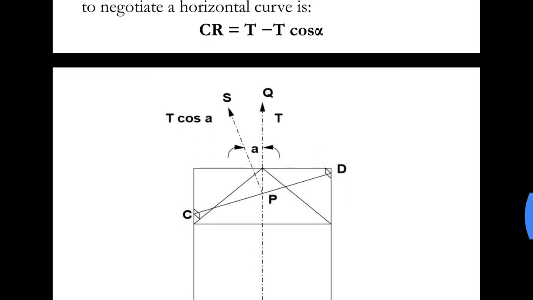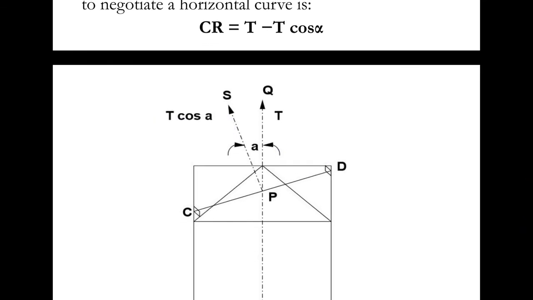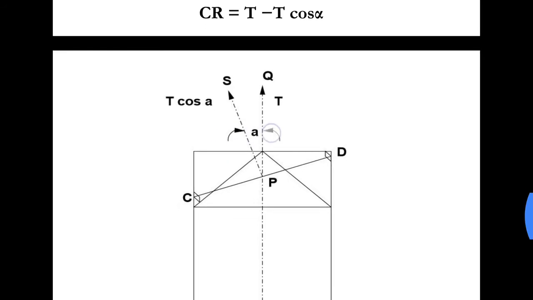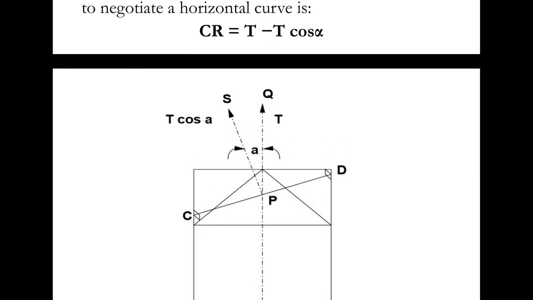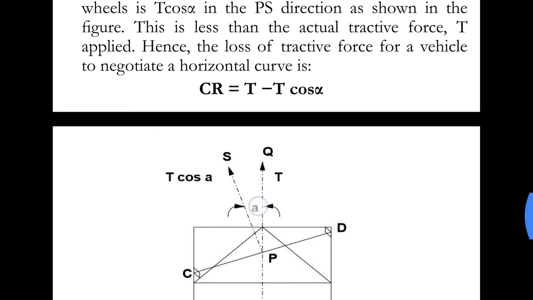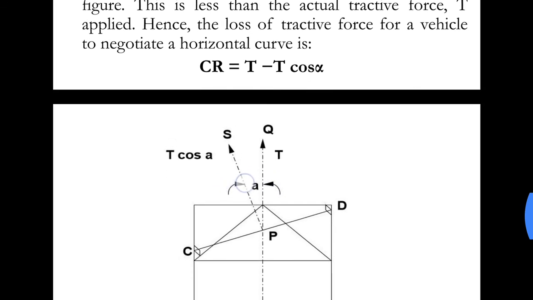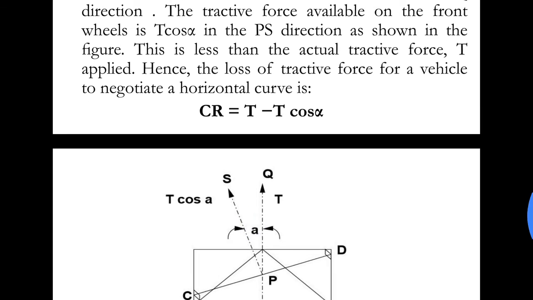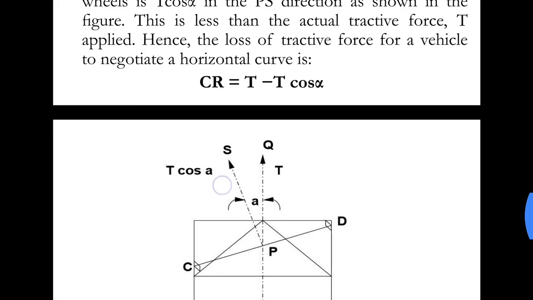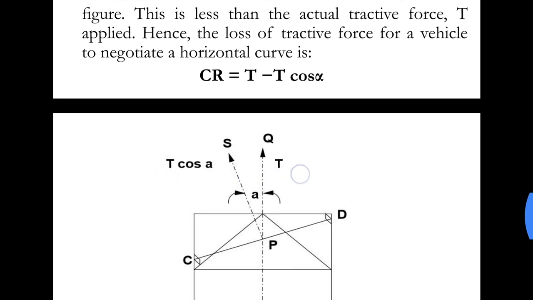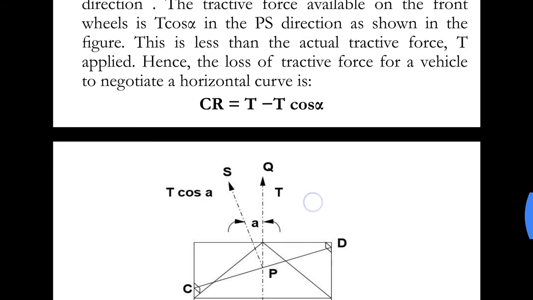So we know that cos of 0 is 1, and as the angle increases the value would reduce. We know cos 90 is 0 and cos 0 is 1. So now this alpha value would be in between 0 and 90, which is obviously less than 1. So when you multiply that with T, then T cos alpha would be less than capital T. This is understood.